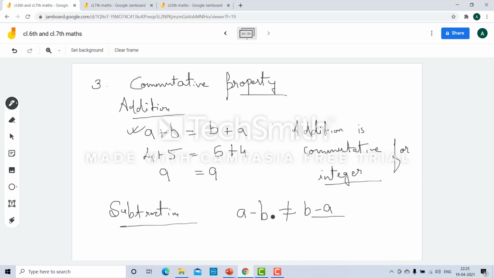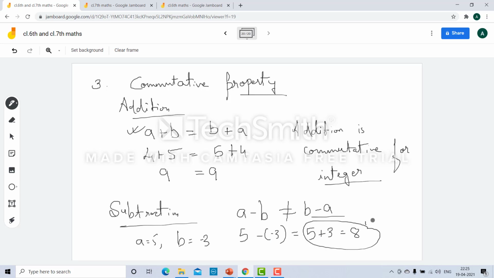When I am doing a minus b, it is not necessary that b minus a will also give the same result. So, let us see an example. Suppose I did 5 minus of minus 3. Let my a be 5 and b be minus 3. When I did 5 minus of minus 3, I get 5 plus 3, that is 8.